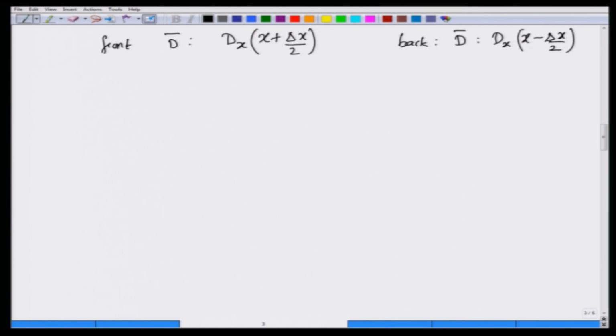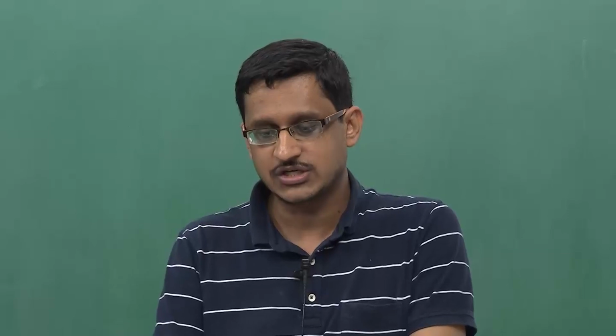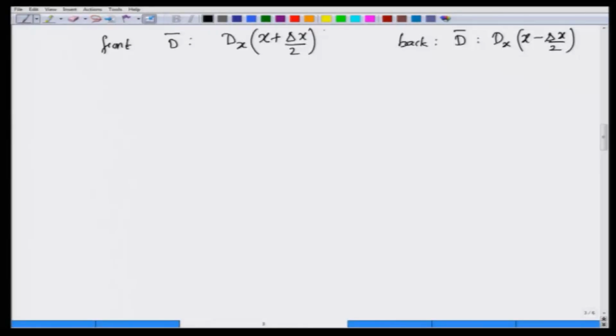Since y and z are constant in the x plus delta x by 2 and x minus delta x by 2 planes in the front and back surfaces, there is no requirement for me to write down y and z. Okay. So, as far as the front surface and back surface is concerned, y and z are constant. Of course, D is a function of all three coordinates x, y and z, but in this calculation in the front surface Dx has to be evaluated at x plus delta x by 2, but y and z will be constant. Whatever the value of y and z that is there, you can put them over here.